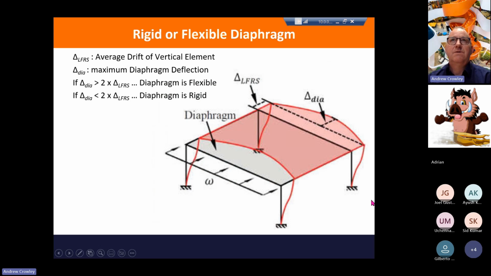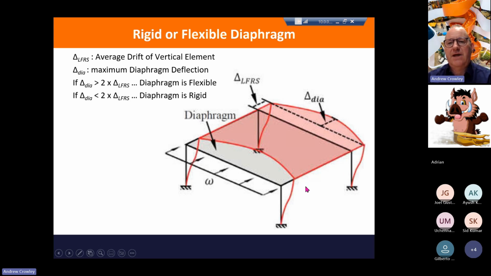So how do you know whether your diaphragm is rigid or flexible? Now, this isn't written in the code, in the New Zealand code at any rate, but if you delve deep enough through the references, you'll find reference to the American codes, and within that you'll find this diagram of a diaphragm. So it's about relative stiffness. So here is the deflection of your diaphragm due to flexural action.